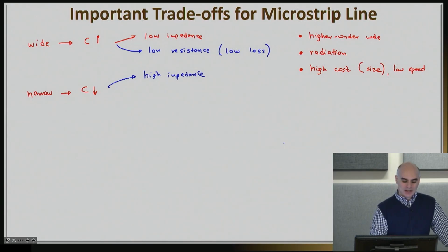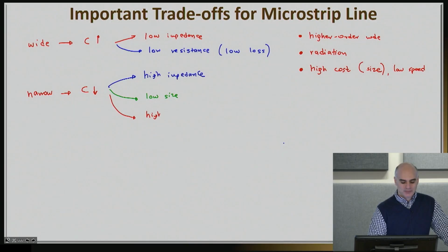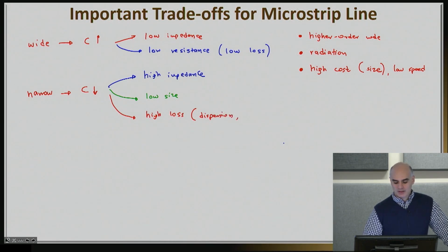You will have several advantages. You will have, for example, the low size, which is good. High density of interconnects is also a good thing. But you will have, and I'm not going to list all of them, high loss. And high loss is a big deal because it also means dispersion, and it also means slow speed.